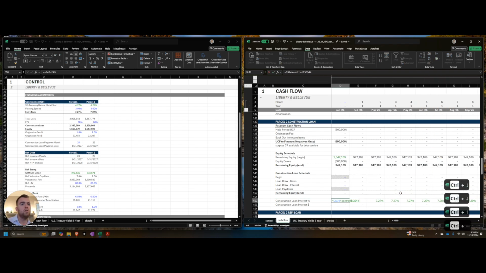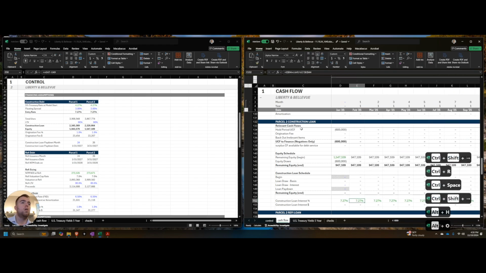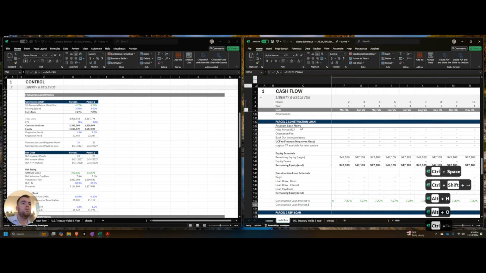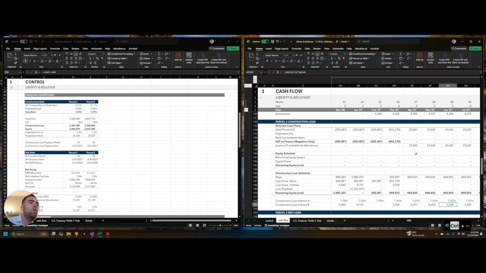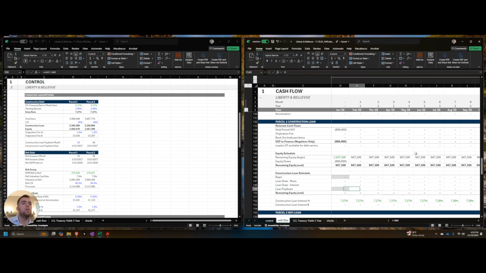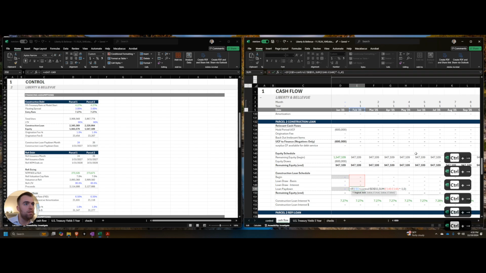The interest is going to be plus E44 in case for some reason that rate becomes different. All right, that's weird. Why is that weird? No, so that should be E55.